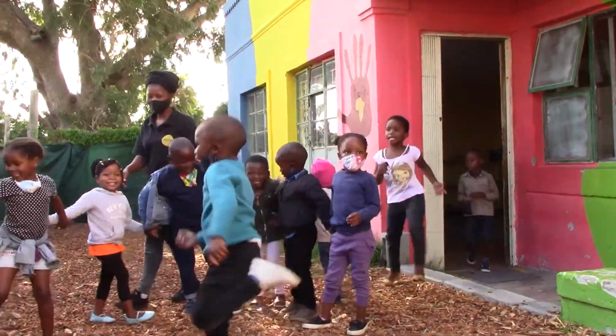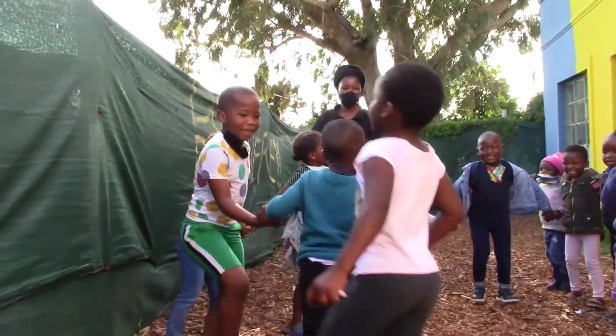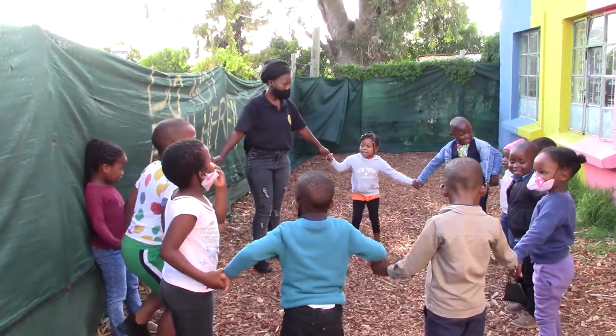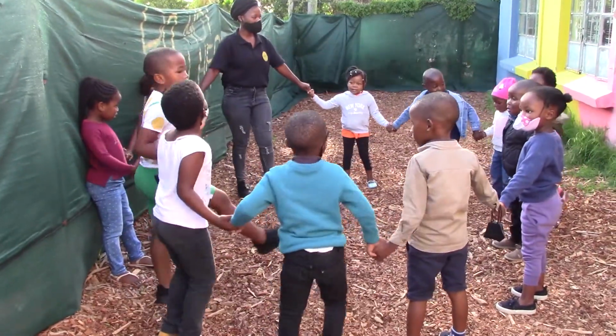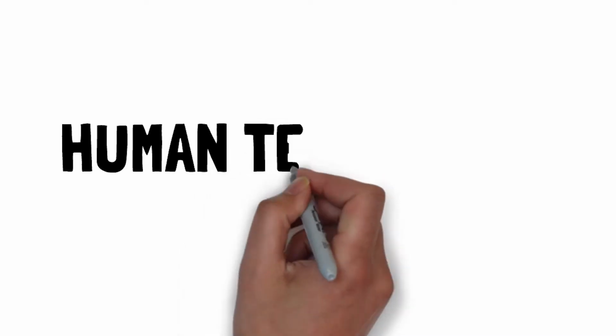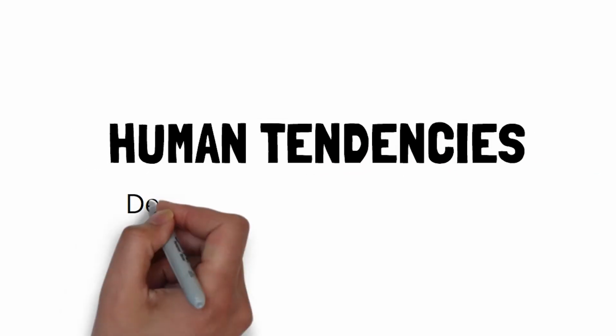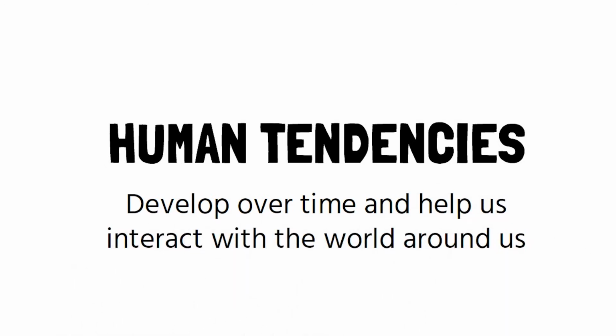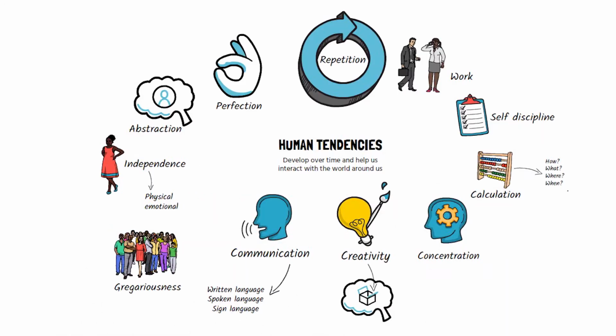Some of those characteristics include our need and our tendency for exploration, for order, for abstraction, for work, and for discipline. These tendencies are universal, they span over all ages, and they span over all cultural barriers. Wherever we are in the world, every human being has the tendency towards those things and several others.